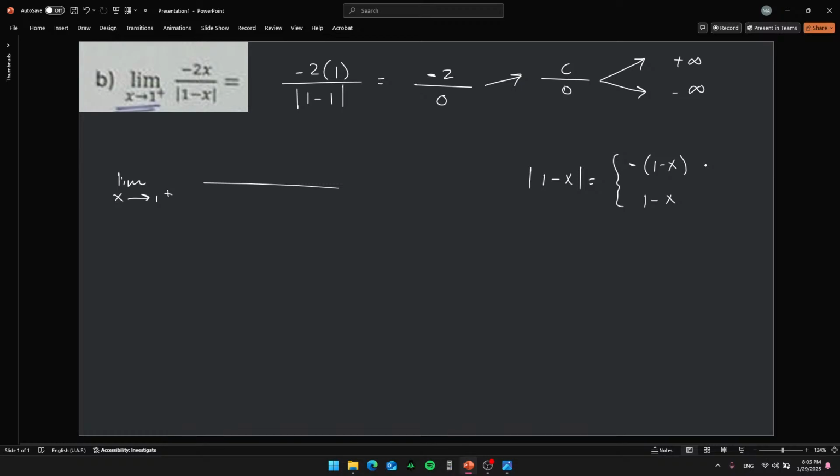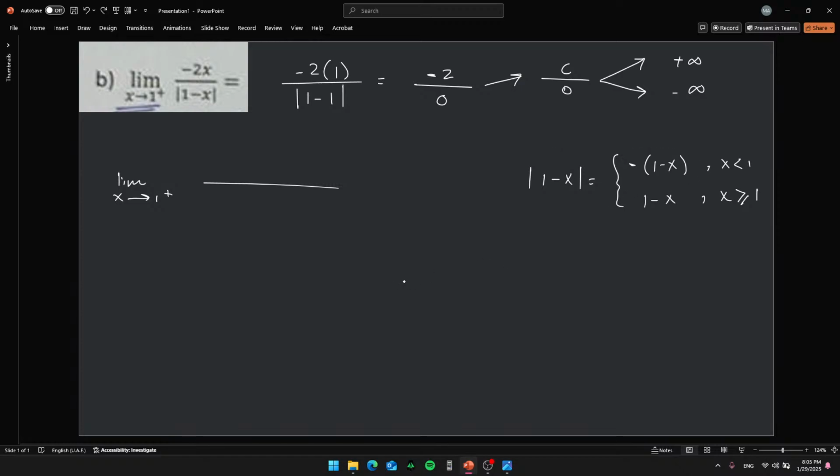This one would be when x is less than 1, and we'll choose this part of the function when x is greater than or equal to 1. Okay, so basically what I did is I rewrote this absolute value function as two functions.